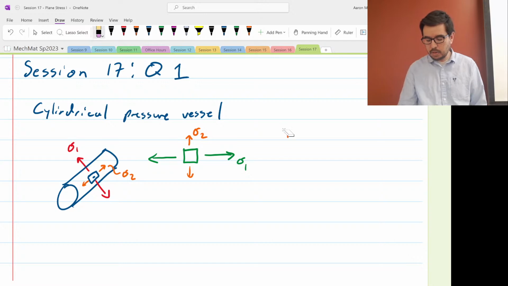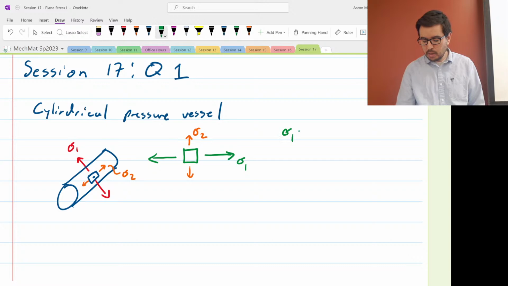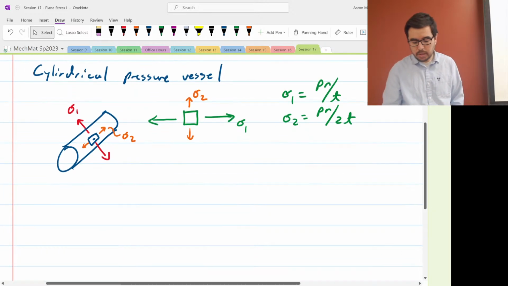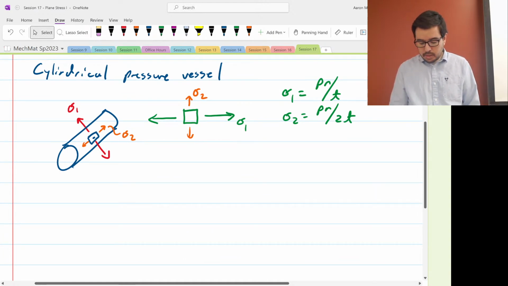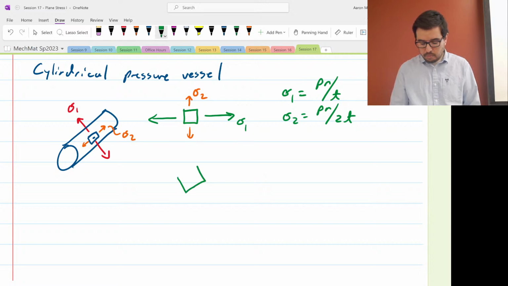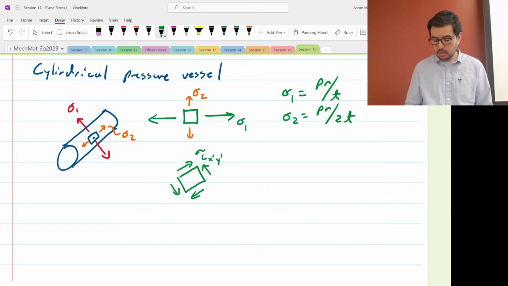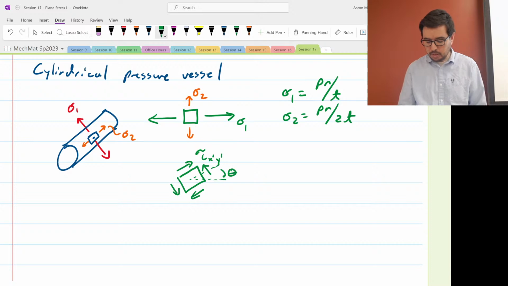Sigma 1 is equal to PR over T, and sigma 2 is equal to PR over 2T. What we're getting at is we want to figure out what this tau x prime y prime is when we've rotated 45 degrees. We'll call that theta for now.